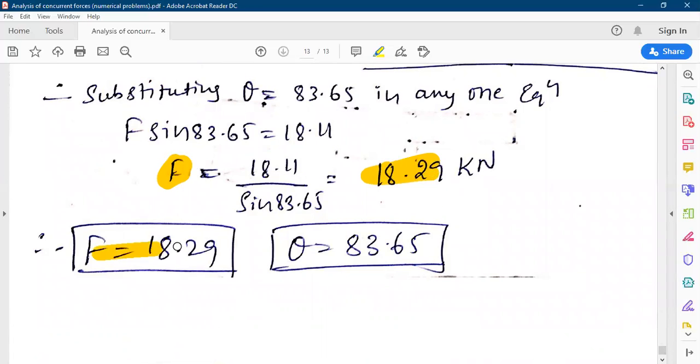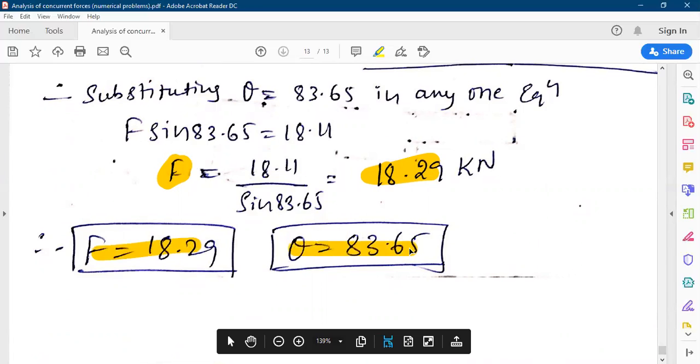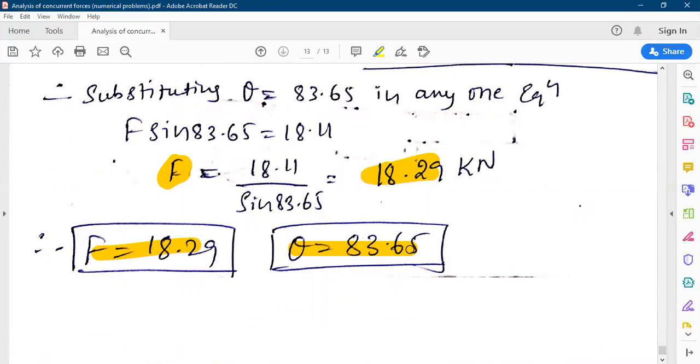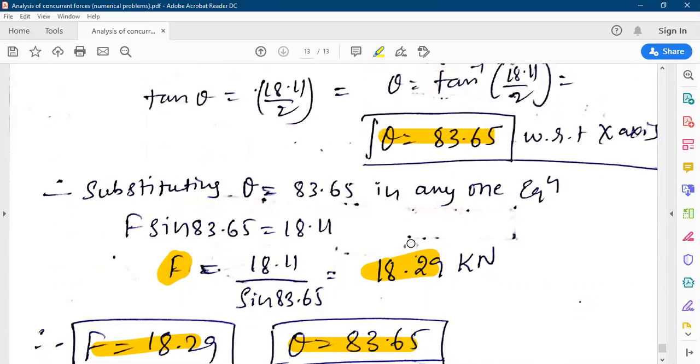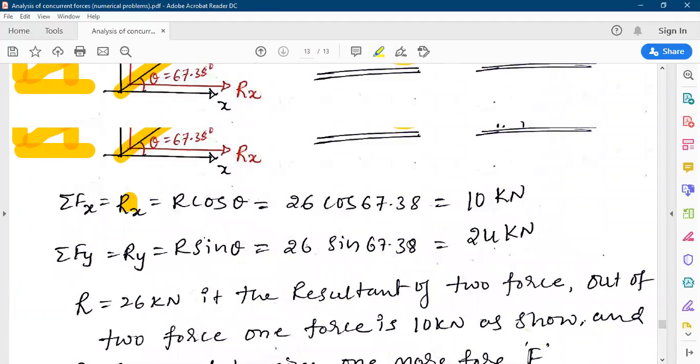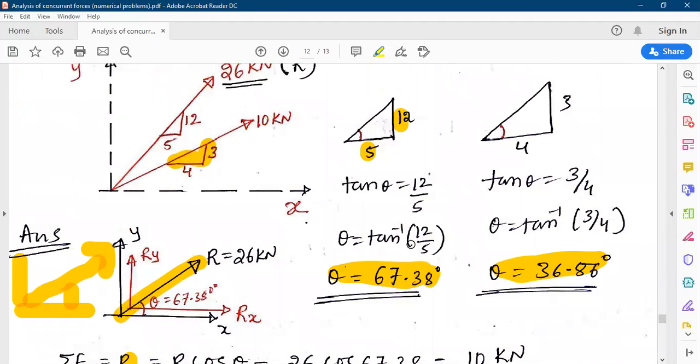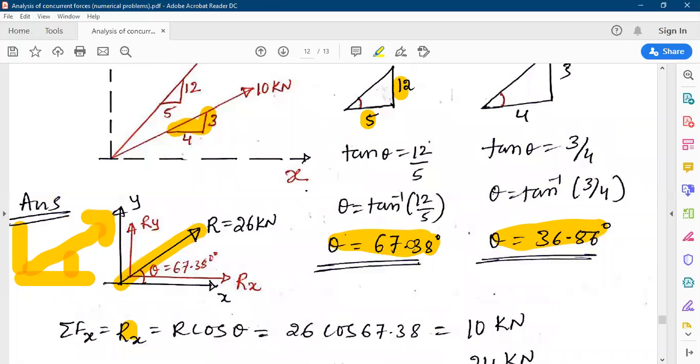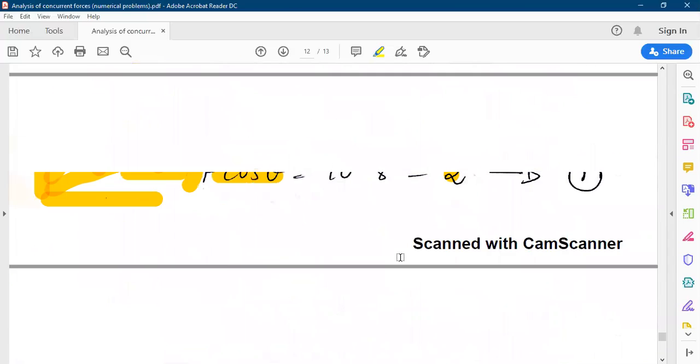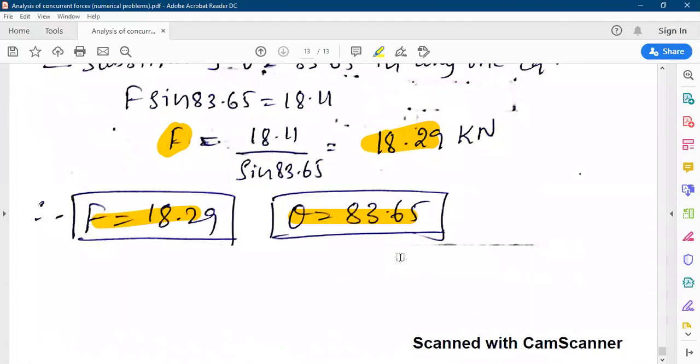So these are the two unknowns which you have to calculate using the resultant force of 26 kilonewton with the slope of 12 by 5. So that is equal to theta is equal to 67.38. So these are the two unknown values which you are supposed to calculate.